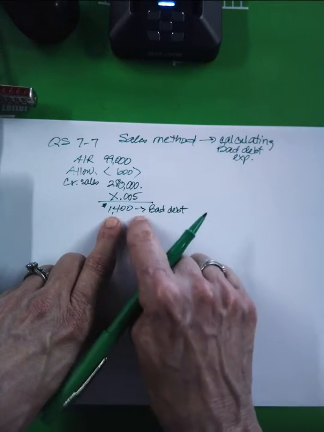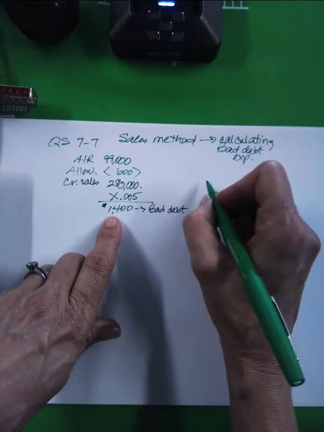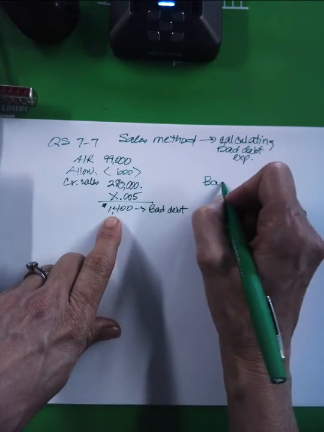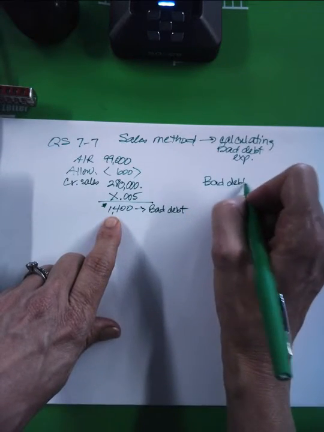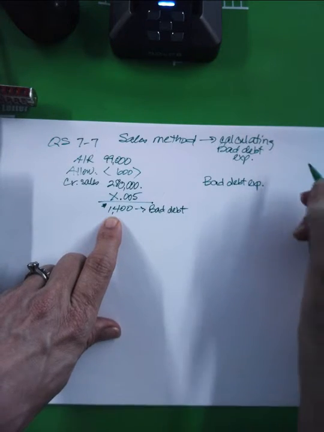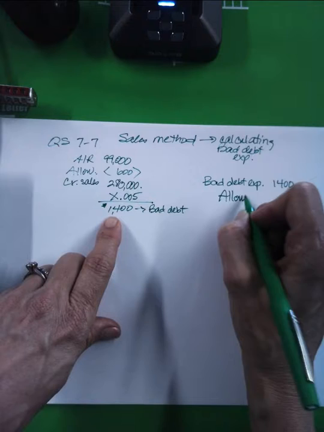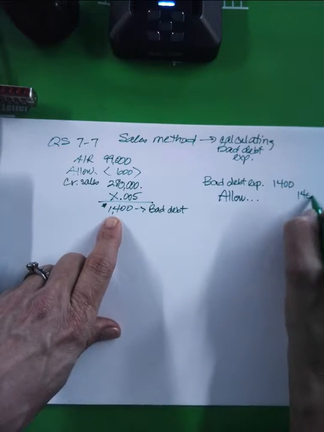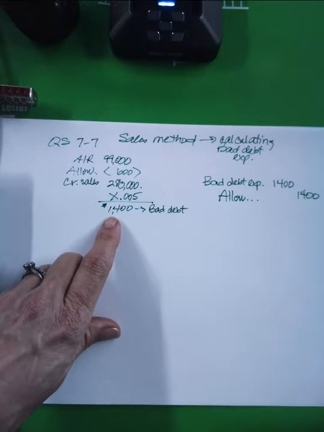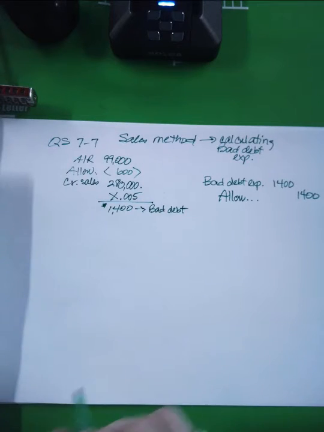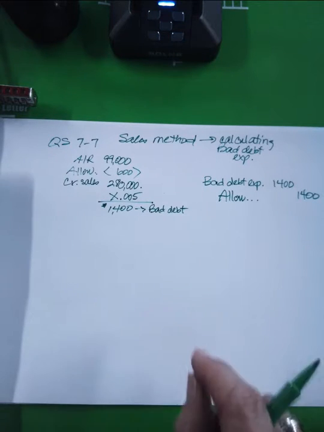You just directly record this number as bad debt expense, and credit the allowance for doubtful accounts. Very simple.